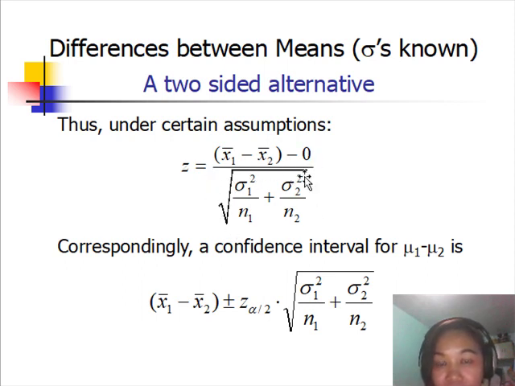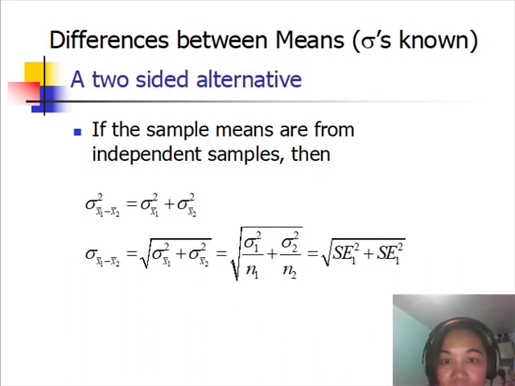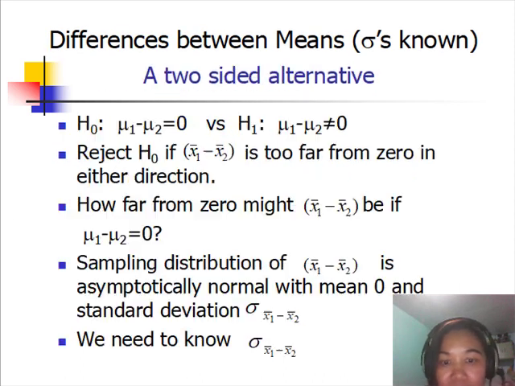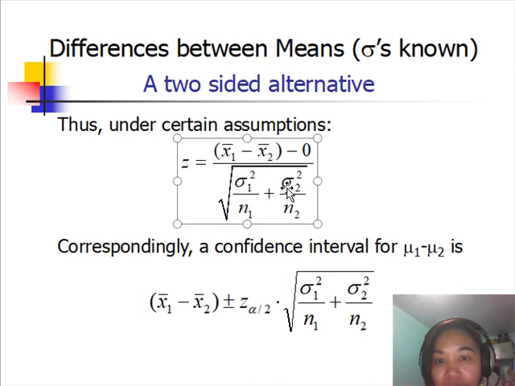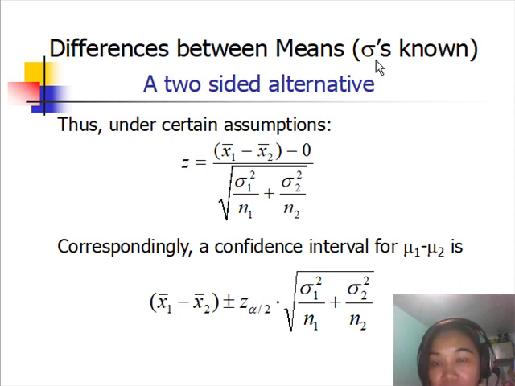Take note that this is our standard deviation. You can solve it given the values of your sigma squared sub 1 and sigma squared sub 2. Take note that the variances are known because this is the test where the population standard deviations are known.